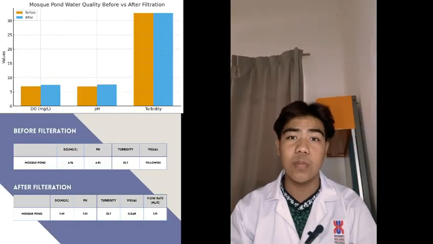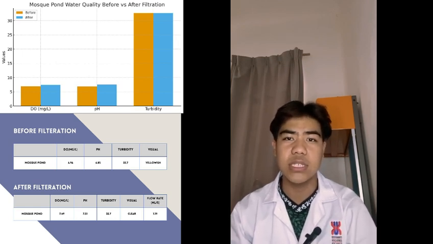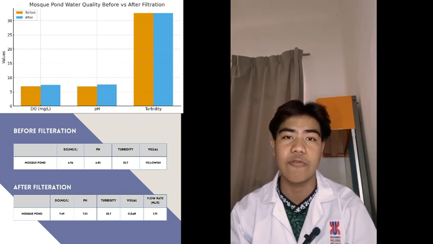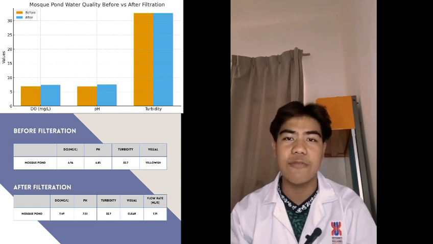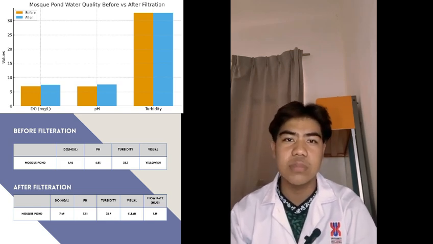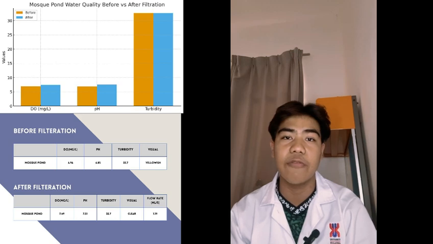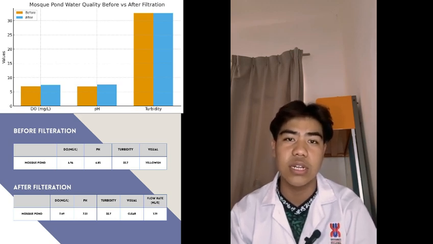For the mosquito pond, we see improvement similar to the BAP sample. Dissolved oxygen, or DO, increased from 6.96 to 7.49, showing better aeration and reduction of contaminants. The pH improved significantly, rising from 6.89 to 7.51, showing the filter system stabilized the water closer to neutral.